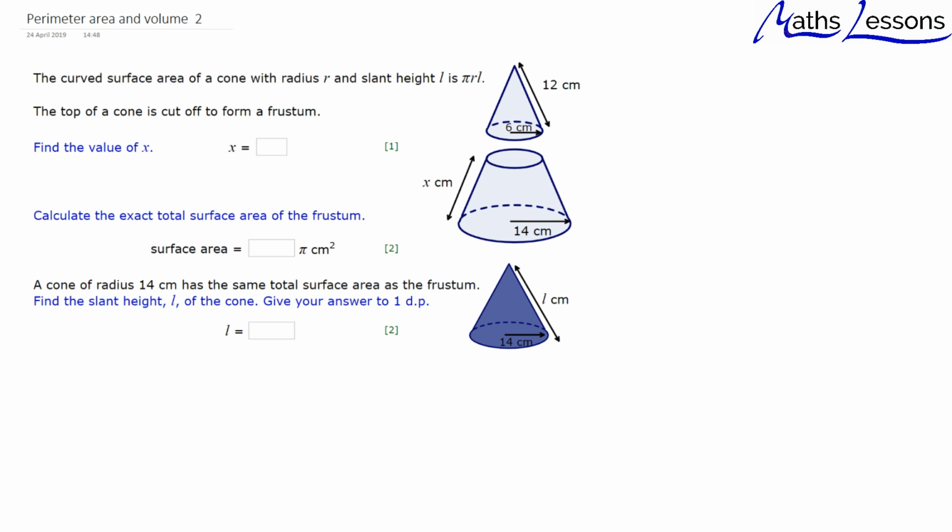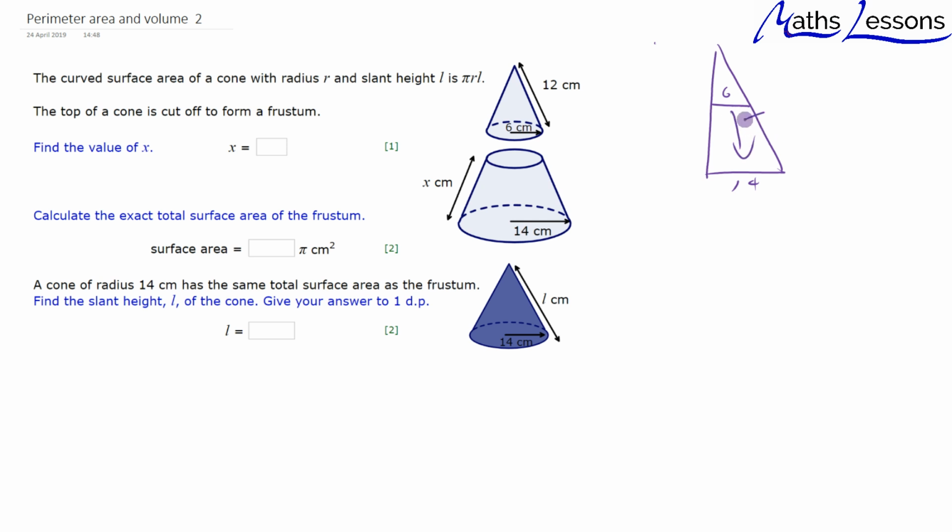Right, here we go. The key to this question is to realise that what you have is an enlarged cone, to find the value of this x here. So what you can see is that the radius of the small cone is 6 and the radius of the big cone is 14.